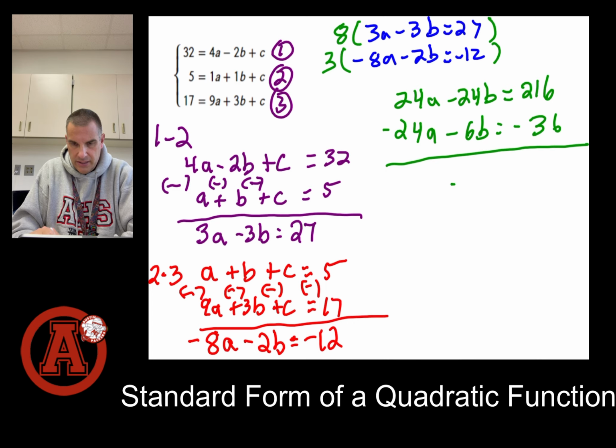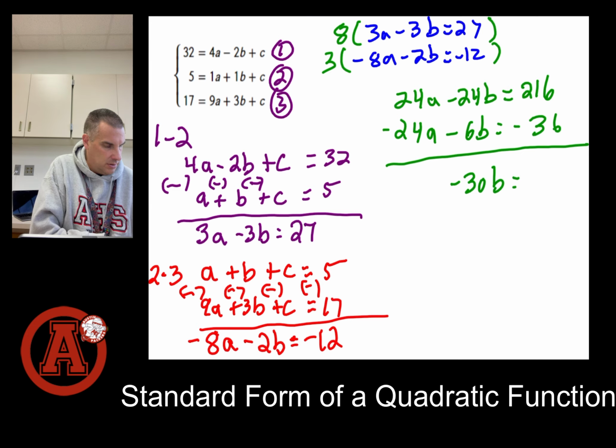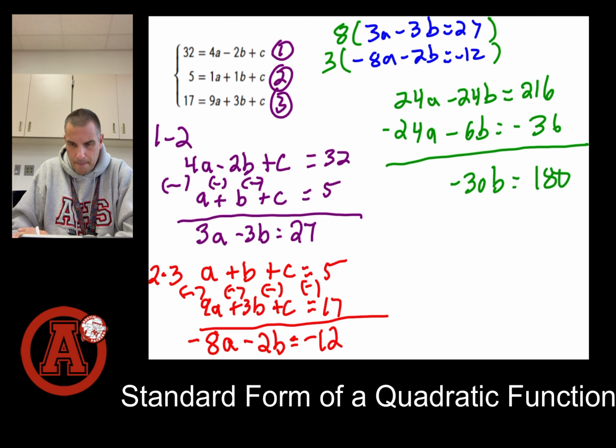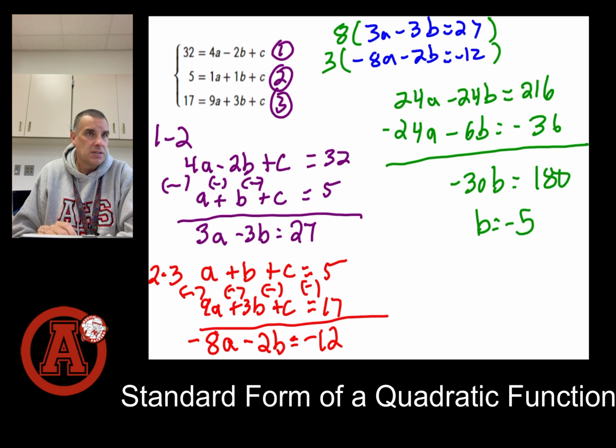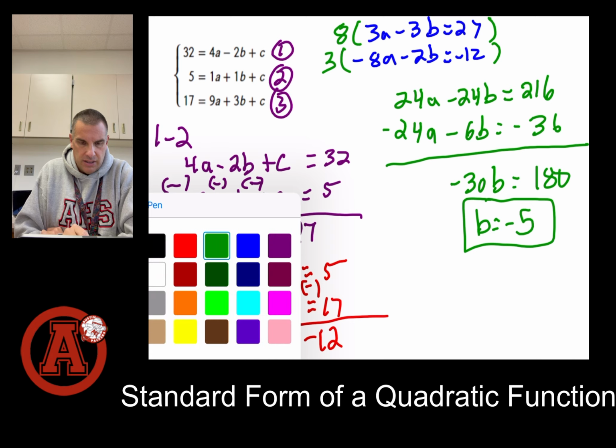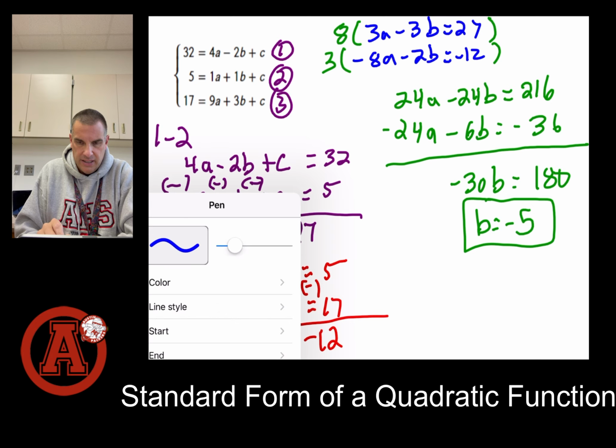So those go away, so negative 30b equals 216 minus 36, 180. So b equals negative 5. It's a whole number. Works for me. So b is negative 5. So we're going to substitute it back into one of them.